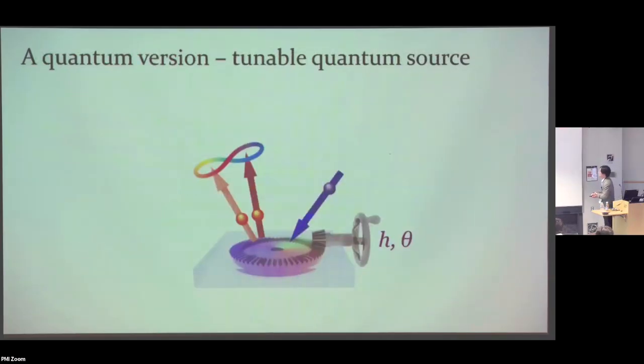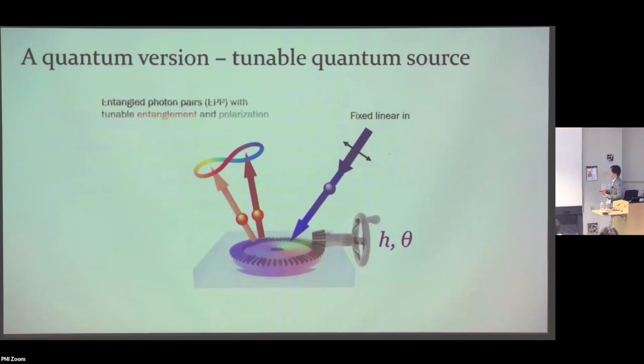And you can also imagine doing the opposite. This is from a very different field, but I think it's pretty interesting because if you think of doing the opposite, which means that you shine in a 2 omega light and let it generate omega. This process is called spontaneous parametric down conversion, and it's actually intrinsically a quantum optical process.